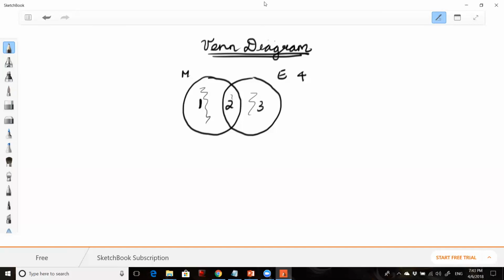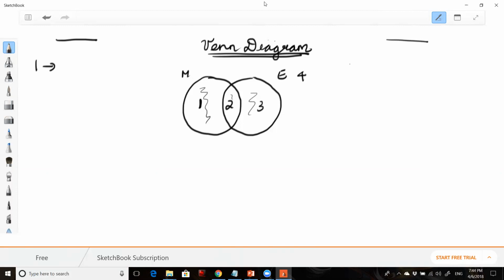Now we'll do 2 things, one on the left hand side and one on the right hand side. On the left hand side, we will first try to understand what the regions actually mean, and on the right hand side, I'm going to do the reverse. I'm going to give you statements, and based on your deconstruction of the statements, you will have to tell me what regions those statements represent.